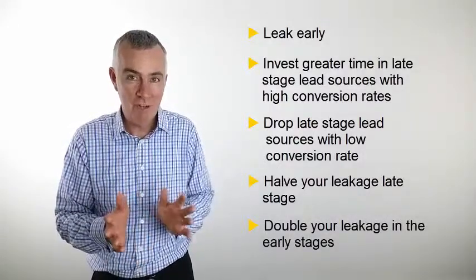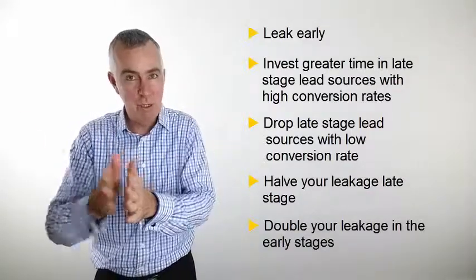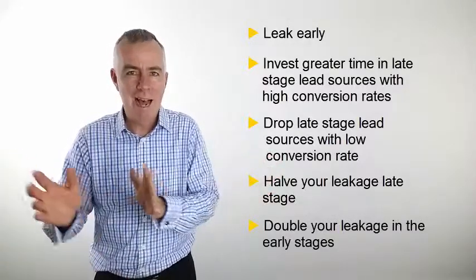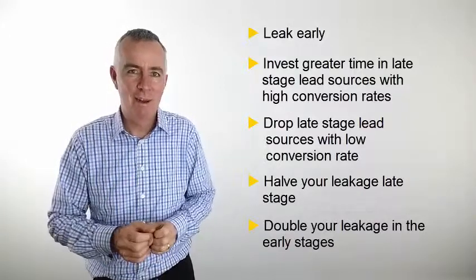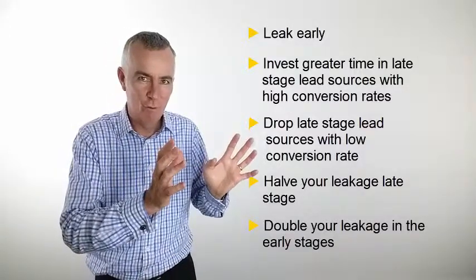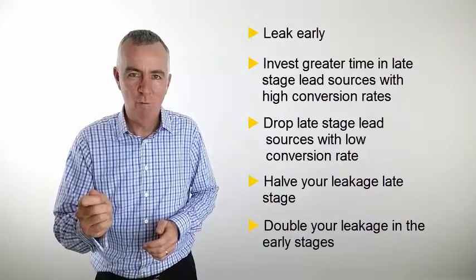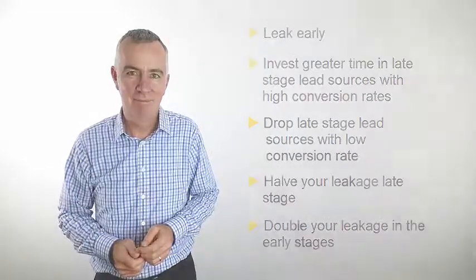So whatever your current leakage is at each of those two stages, lead to opportunity and opportunity to sale, big measures I know, plan on halving your leakage from opportunity to sale and plan on doubling your leakage from lead to opportunity. That will generate for you significantly higher returns from a lower spend.